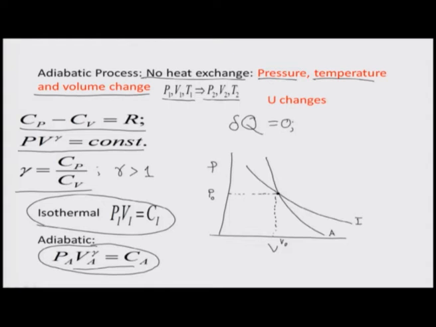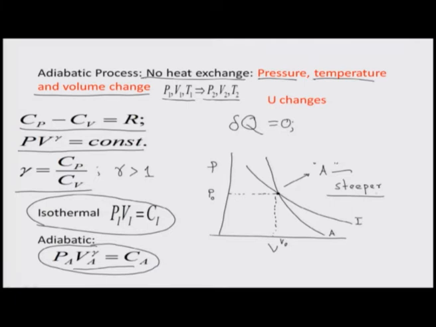You can immediately see that the curve which I denoted by adiabatic, this is steeper, this is steeper. So, you should look at this slope. You can look at the slope and see which curve is steeper. Adiabatic is always steeper than the isothermal, which I am going to show in few lines in the coming slide.